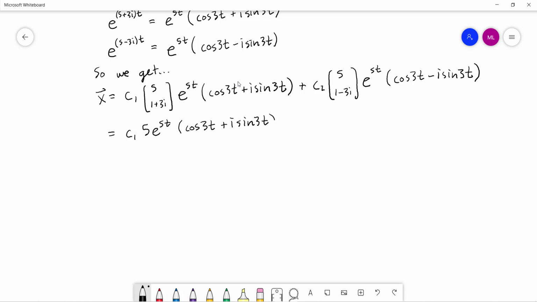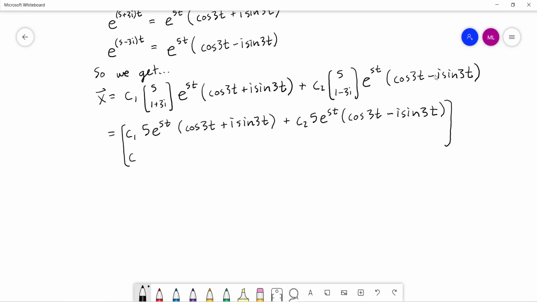So that's our top of this, times the whole thing, plus c2 times 5e to the 5t, cosine 3t minus i sine of 3t. So there's the top. And the bottom will be this whole mess.